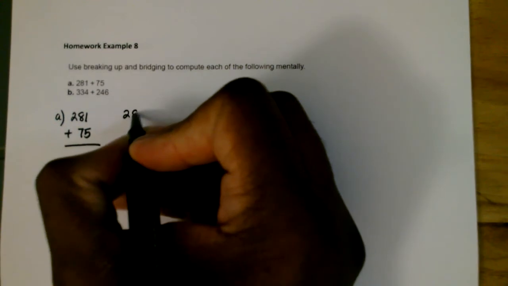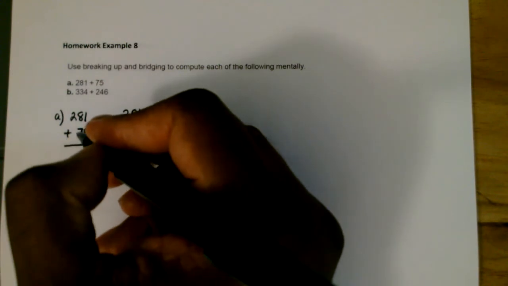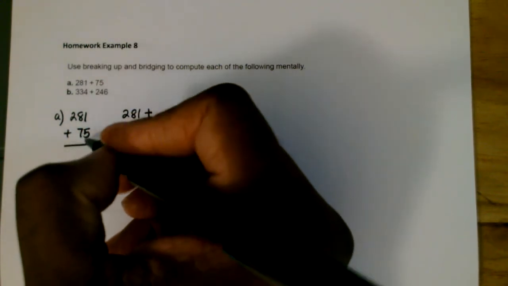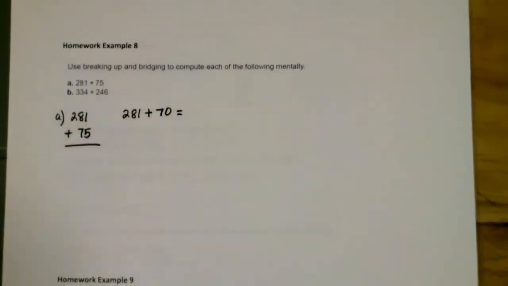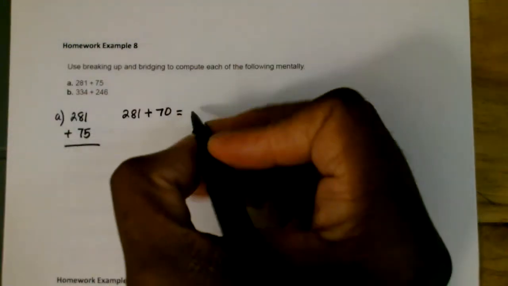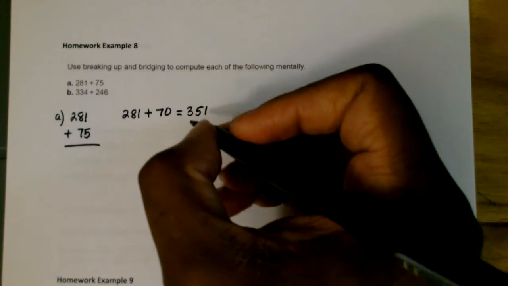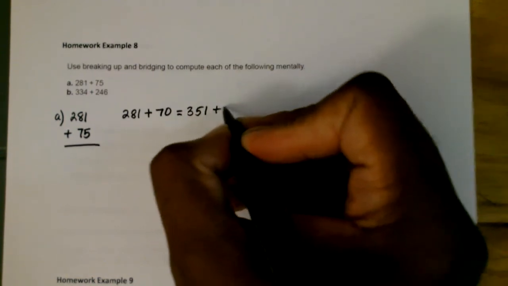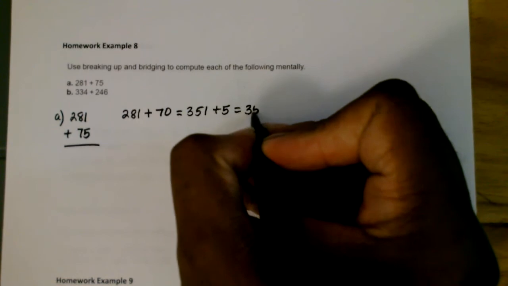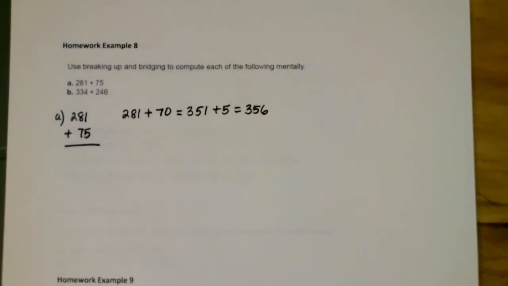Take the 281, add to it the tens value of the second number. The 7 is in the tens place, so I'll break that up as 70. So 281 plus 70 would give me 351. And then I got 5 more to add. So the 351 plus the 5 would be 356. So 281 plus 75 would end up being 356.